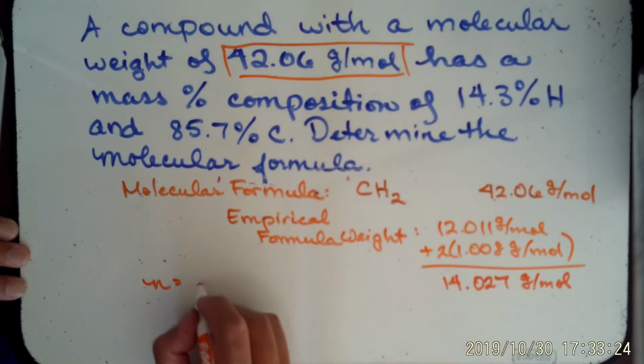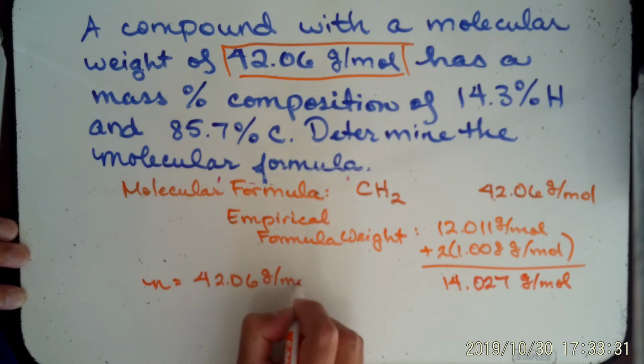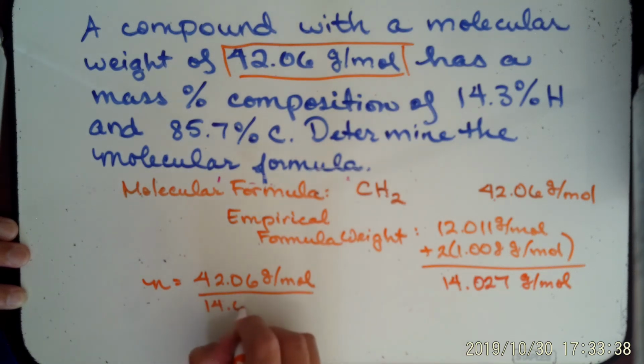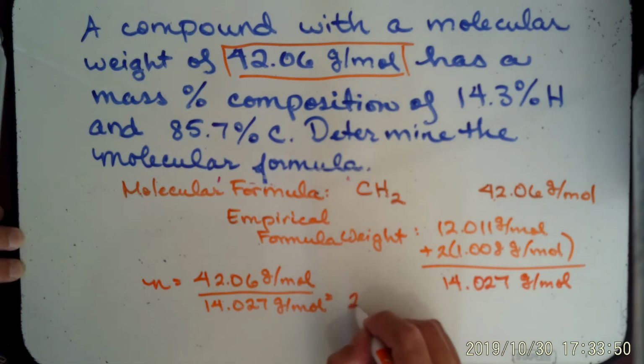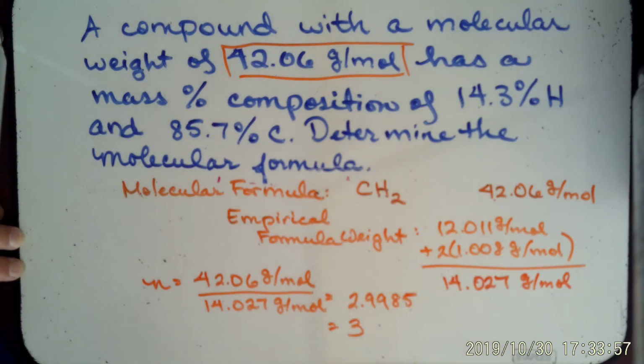And we know it's going to be the molecular formula weight, 42.06 grams per mole, divided by the empirical formula weight, and that's 14.027 grams per mole. And what we get, 42.06, you get something like 2.9985, and we want a whole number, and this is going to round up to 3.